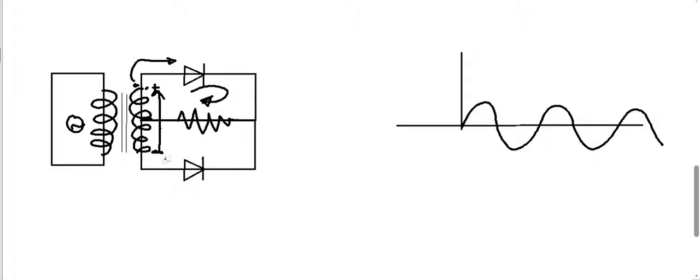So this diode is reverse biased, and we know that in reverse bias the current through the diode is 0, so no current passes through the diode. The current in this loop will be 0 during the first half.